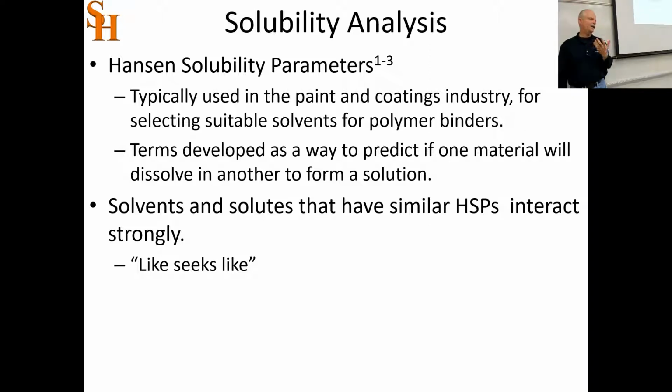And the point is, we've said in chemistry like dissolves like, but in this case we've sort of had to back off the words dissolves and said like seeks like. So if the solvent is similar to the polymer, it's going to go into that polymer. And if it's similar to the surface, it's going to wet the surface. And so like seeks like just because of the intermolecular attractions.